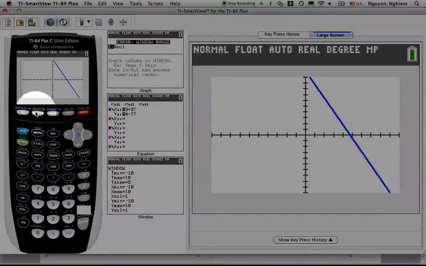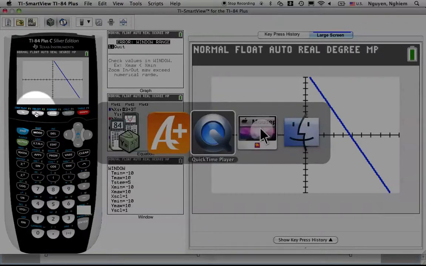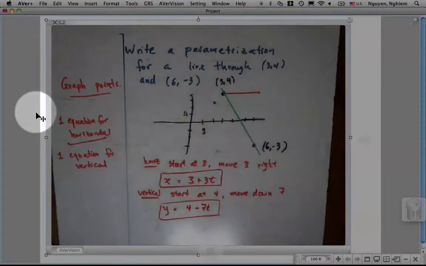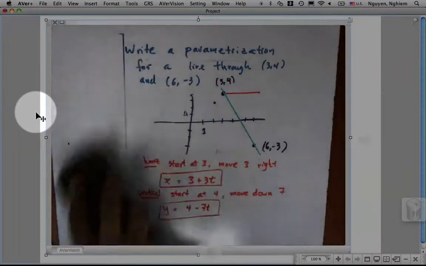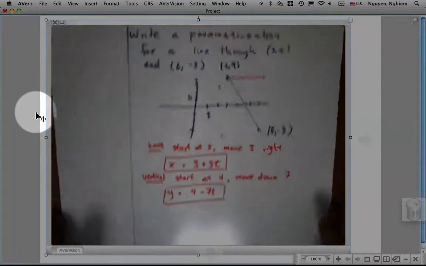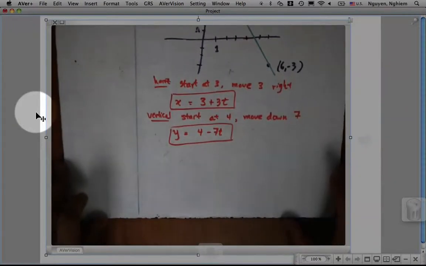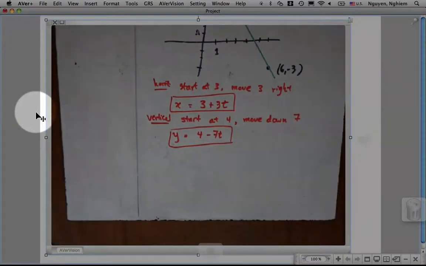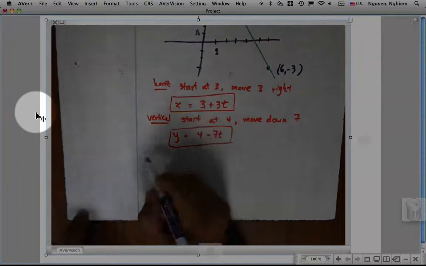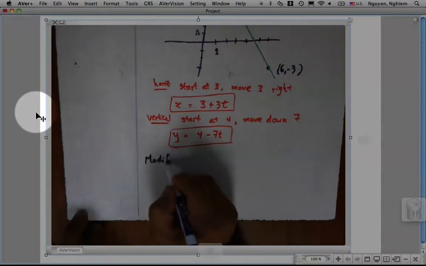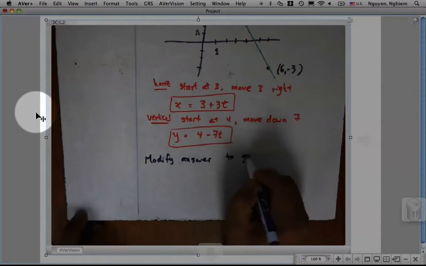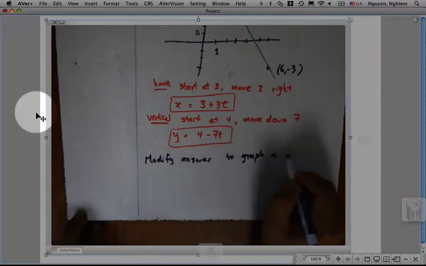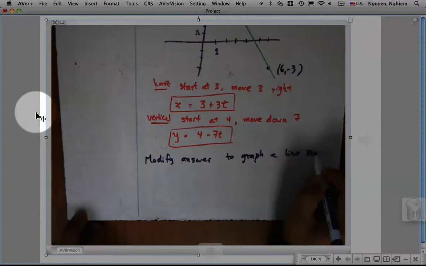Now let's go on to the second part of the problem. And I'm going to erase some of the work that I had before, and let's continue. This time, actually I don't need to erase too much. I want to modify the answer to graph a line segment.